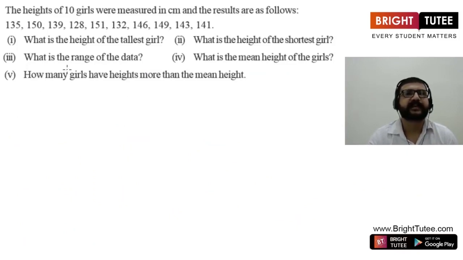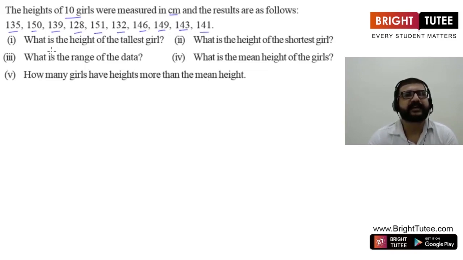Now let's see the last question of this video. The question here is, the heights of 10 girls were measured in centimeters and the results are as follows: 135, 150, 139, 128, 151, 132, 146, 149, 143 and 141.